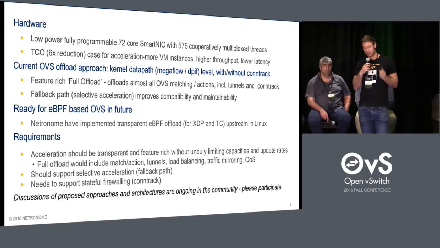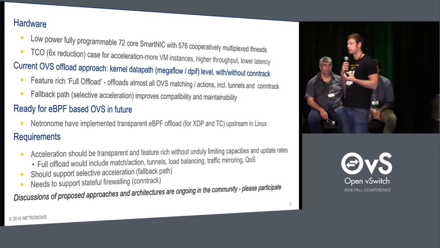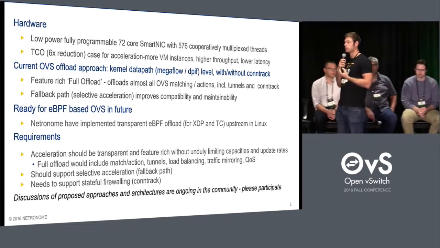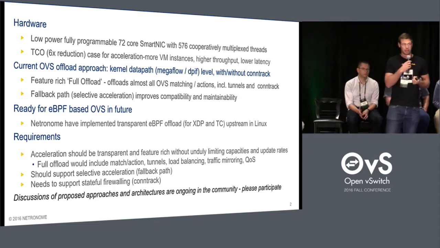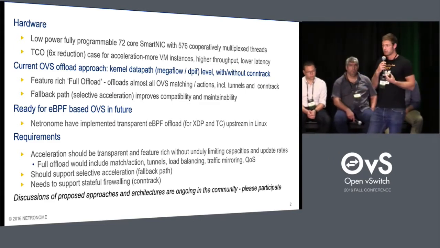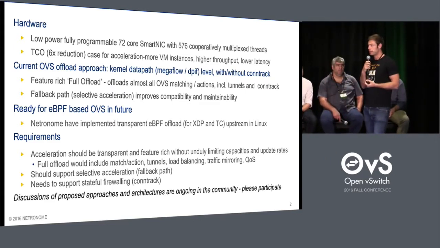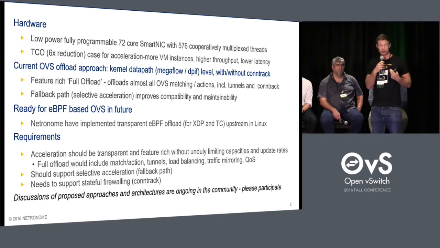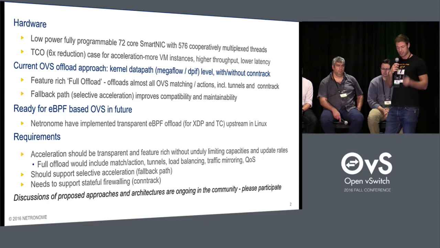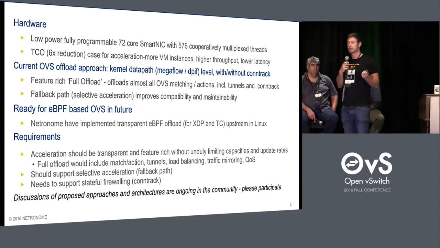And then also the final thing is, again, stateful firewall and conntrack is something that's key for us. Because you get huge performance benefits. Doing this in the kernel can hit you a lot, depending on your use case. So being able to offload that is something which we're seeing a lot from customers, and there's a lot of push for that. Obviously, there's a lot of proposals up in the community at the moment.